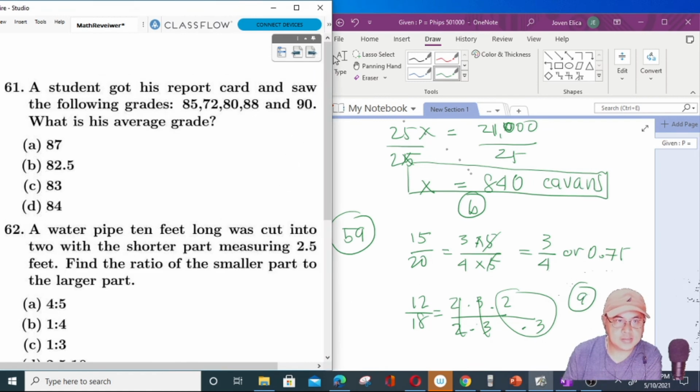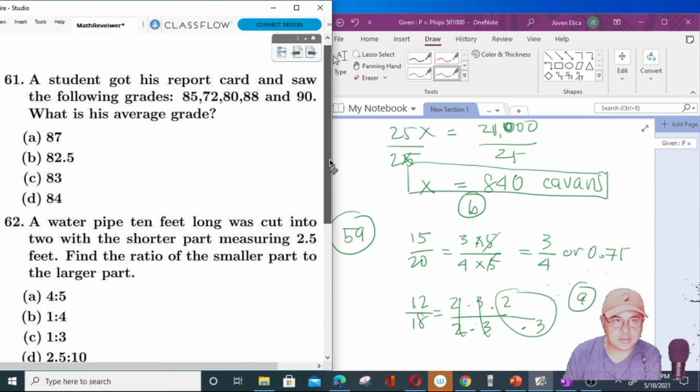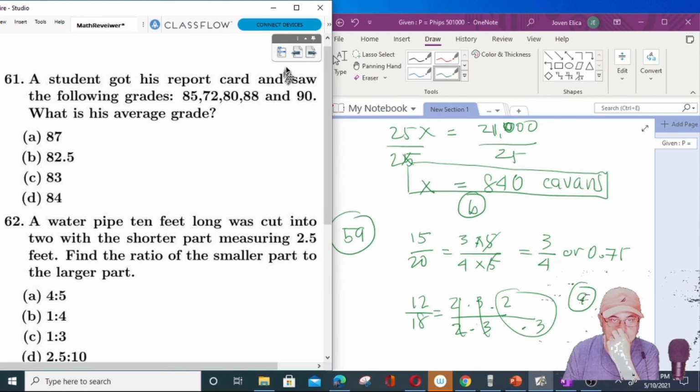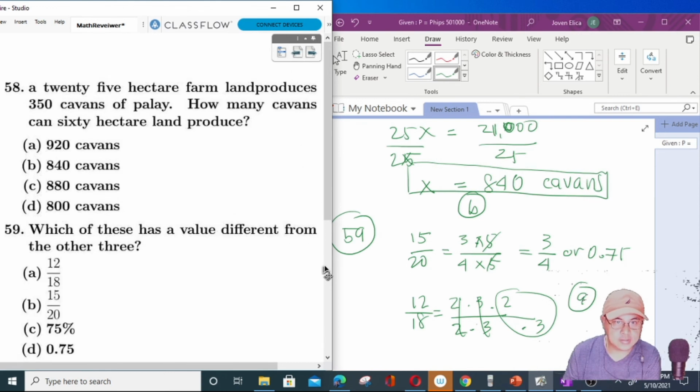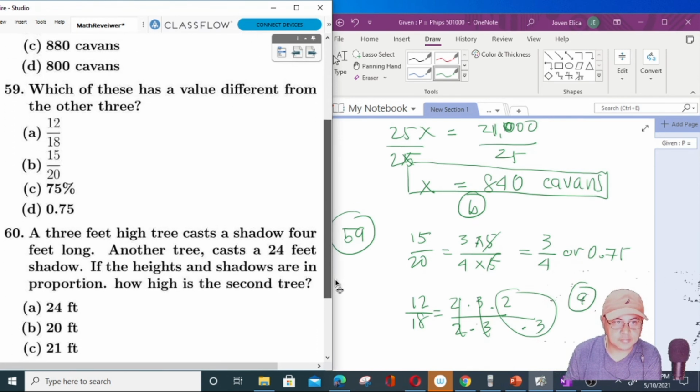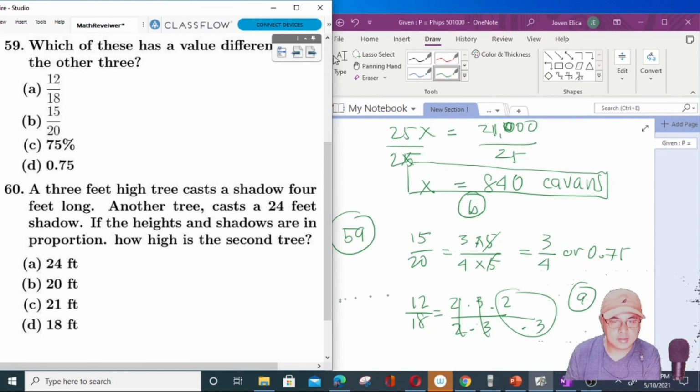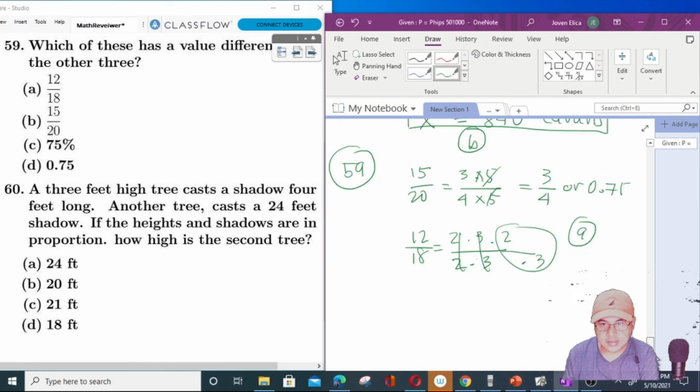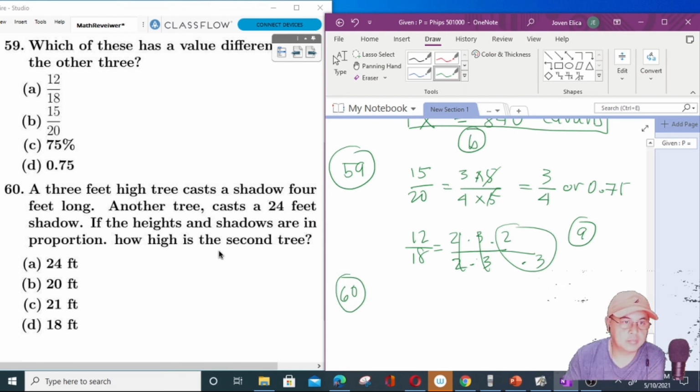And last is number 61. Sorry, where's 60? 60 is still here. Number 60. Oh, this is a trigonometry problem. A 3 feet high tree casts a shadow 4 feet.